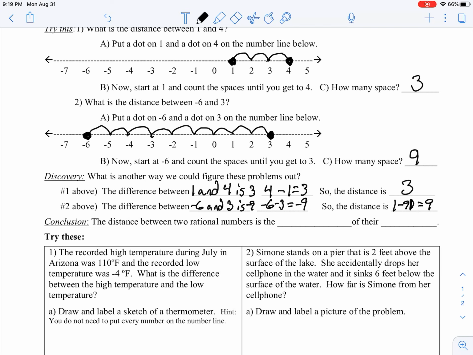We learned yesterday that absolute values are distances, and distances are always positive. So the absolute value of -9 here is equal to 9. The conclusion we draw is that the distance between two rational numbers is the absolute value of their differences.